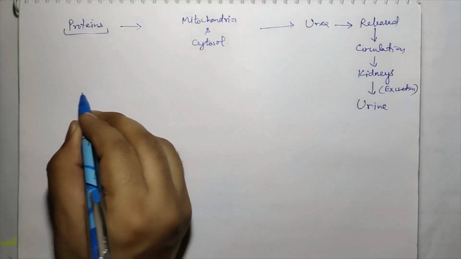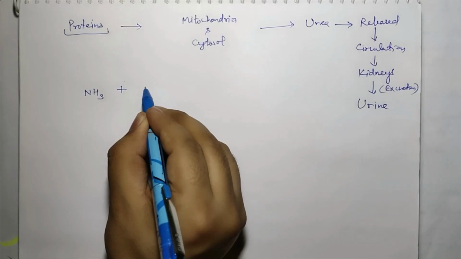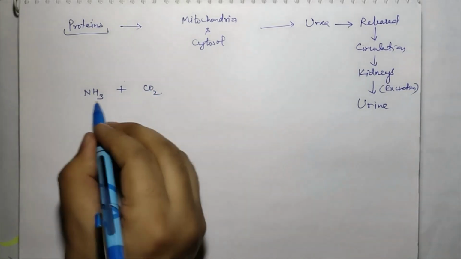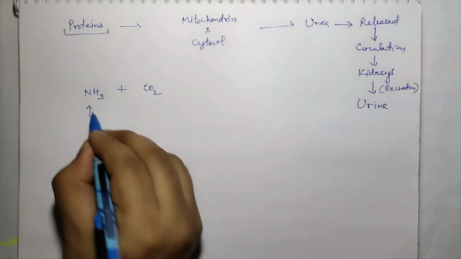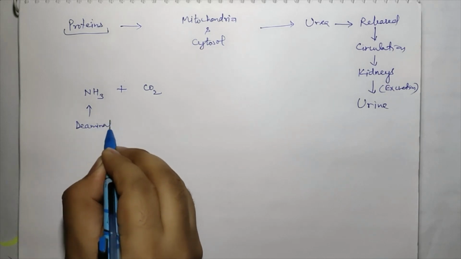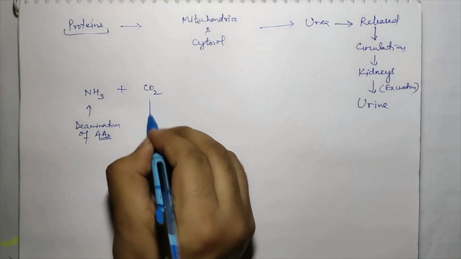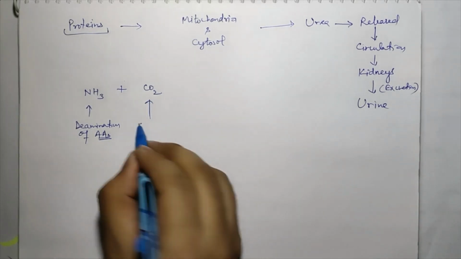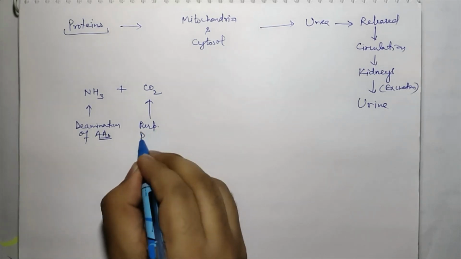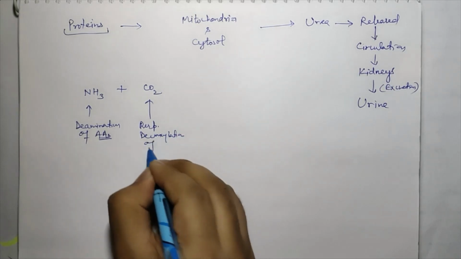So the first step is that ammonia is fixed with bicarbonate or carbon dioxide, and these are derived from deamination of amino acids, and from respiration as well as decarboxylation of amino acids.